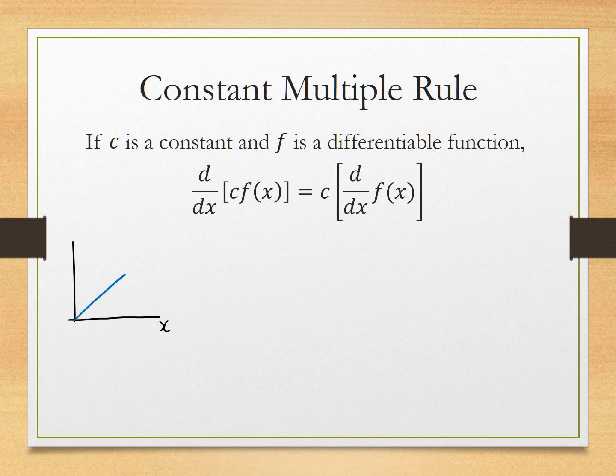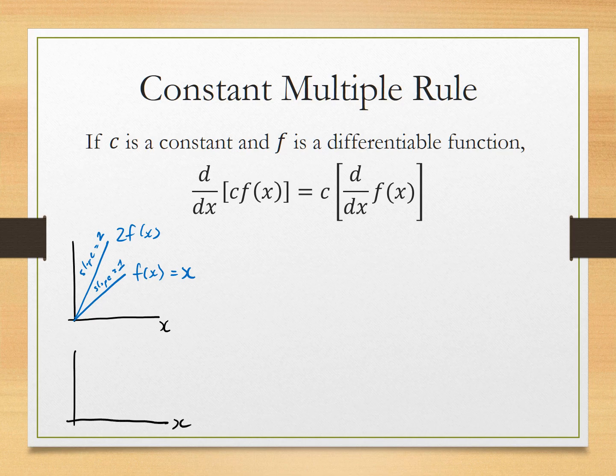Let's say this is f(x) equals x, and you scale it up. This is 2f(x). I think graphically it's quite reasonable to say that if you have a slope equal to 1, then you have a slope equal to 2, right?